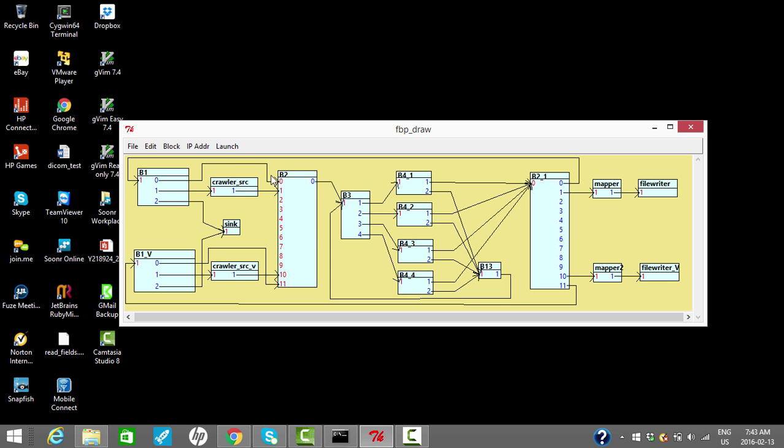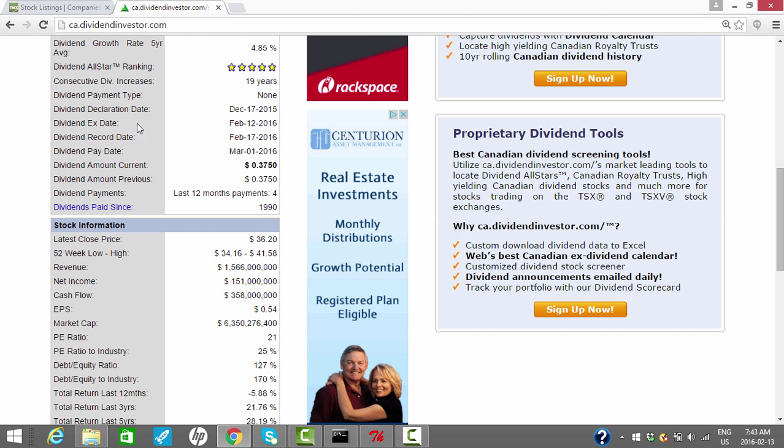In a nutshell, the graph, you can see that the left hand side of the graph, the B1 crawler, B1V, crawler V, these four blocks represent the extraction of the data from these two websites, right?